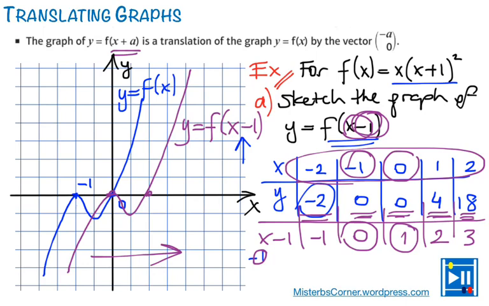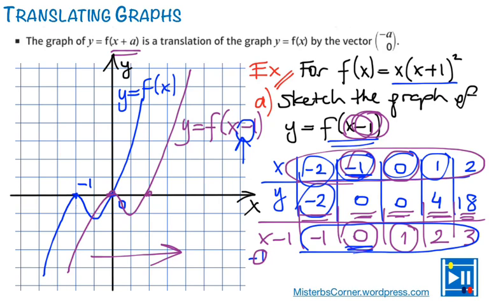And the reason is that I have to substitute different values to get the same y values, like I have to substitute 0 to get what I was getting when I was substituting minus 1. So I'm adding 1 unit, right? That's why it moves right. Okay, so blue is the original graph, and purple is the translated one in the opposite direction of the sign.